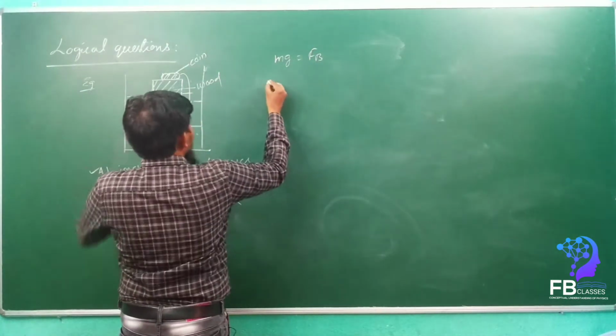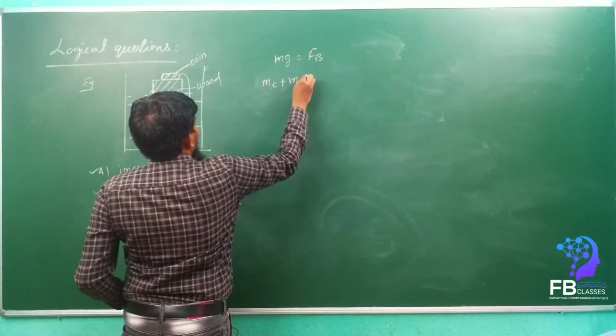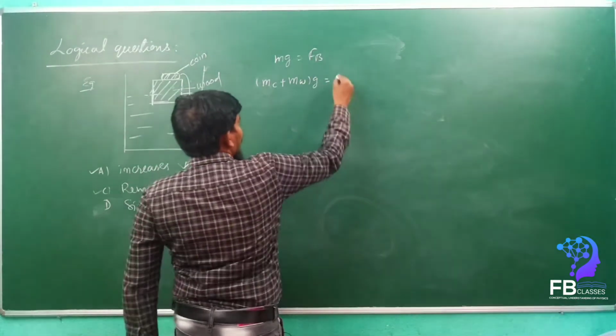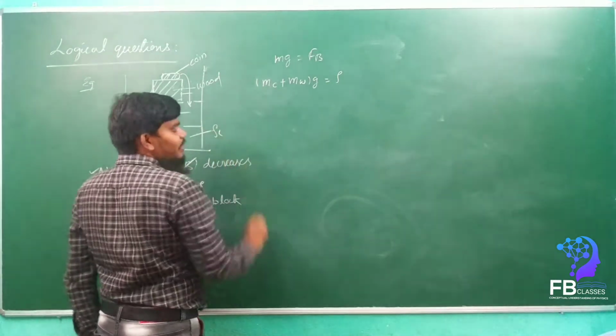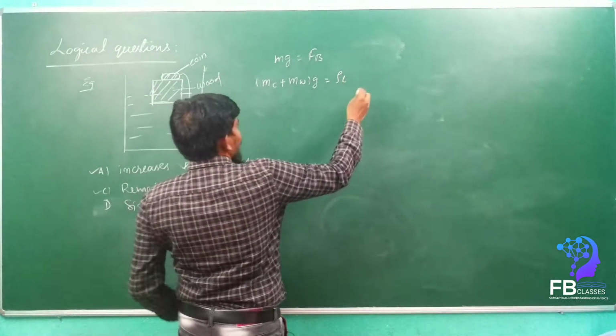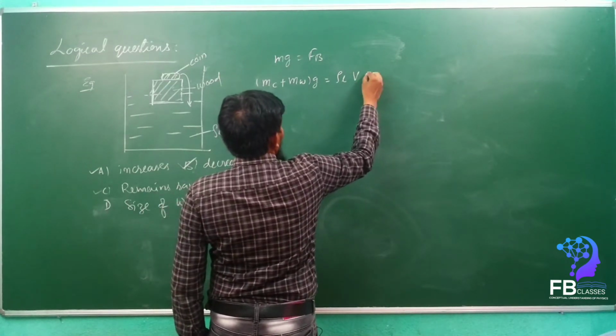Now mass of coin plus mass of wood into g is equal to the buoyancy force, which is nothing but density of liquid, considered as rho L, into volume into g.